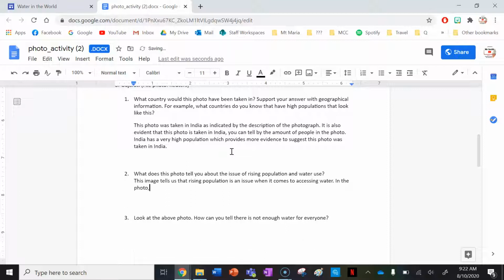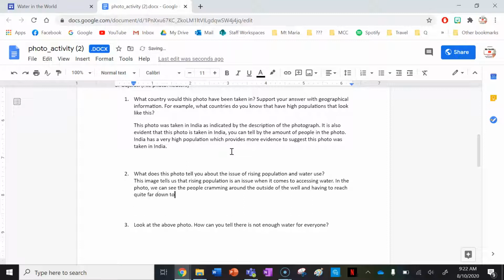In the photo, we can see the people cramming around the outside of the well and having to reach quite far down to gather some water.